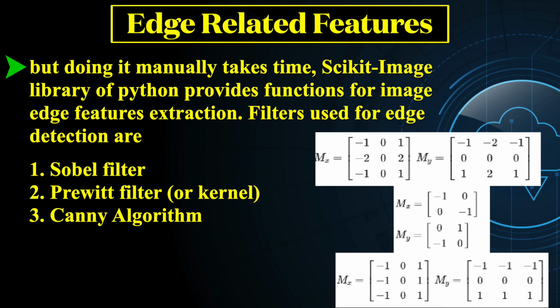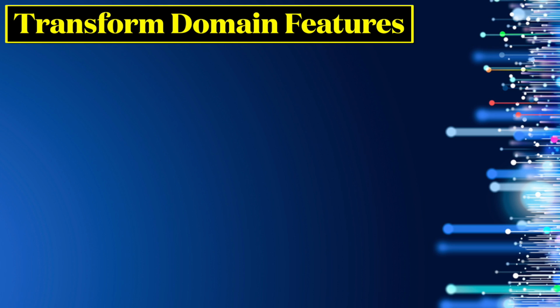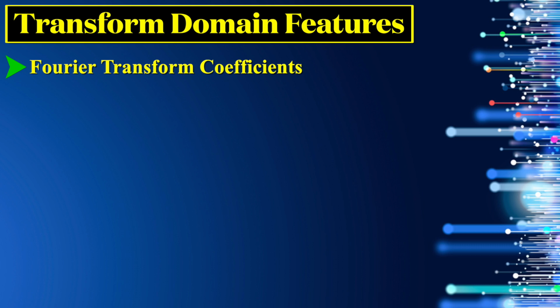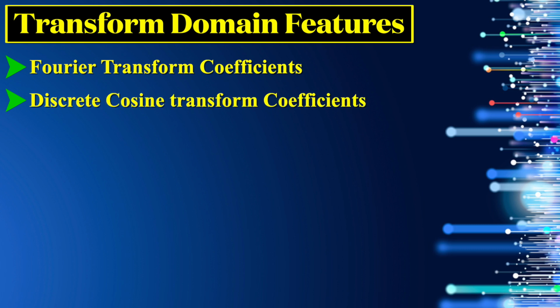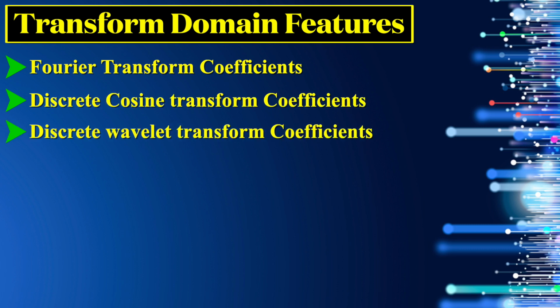Now, the transform domain is very useful for signal processing, image processing and video processing. In the transform domain, the basic transformation is the Fourier transform, which started with the Fourier series. Nowadays many new transforms have evolved: discrete cosine transform, DCT, discrete wavelet transform, DWT, multi-level wavelet transform, multi-DWT, then Hough transform and many more.